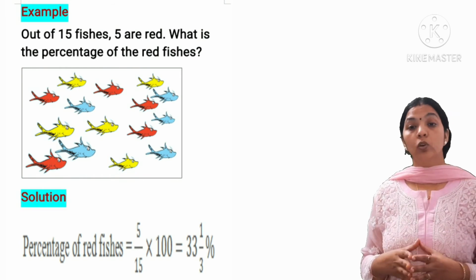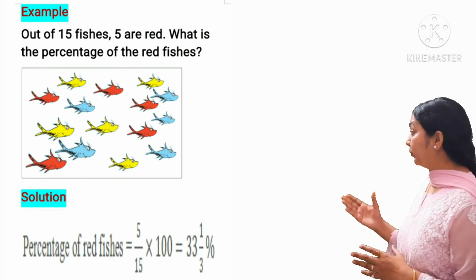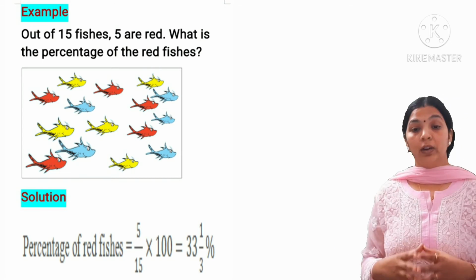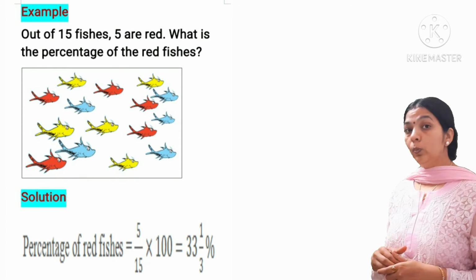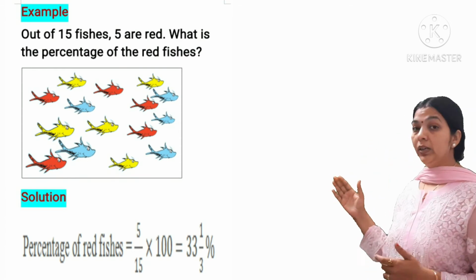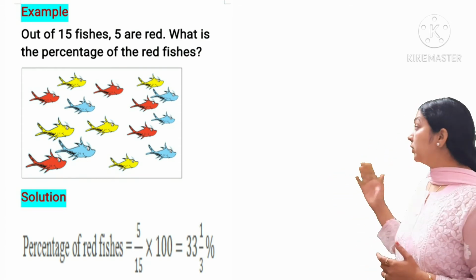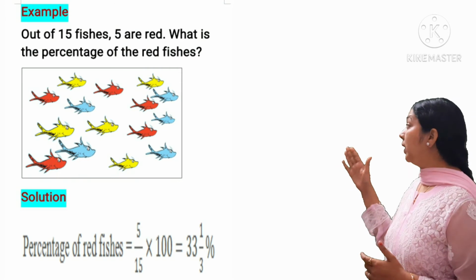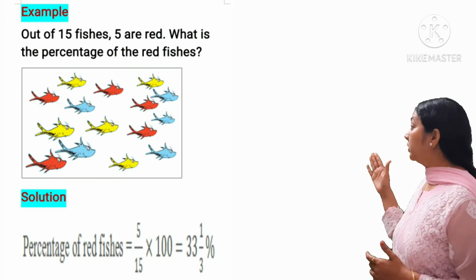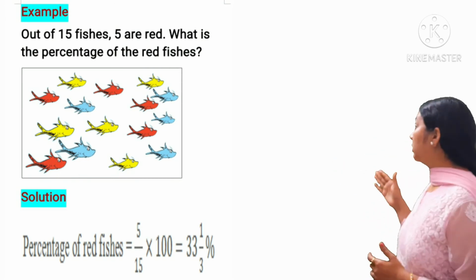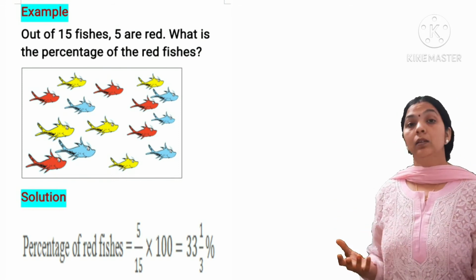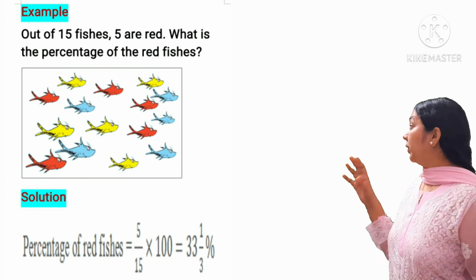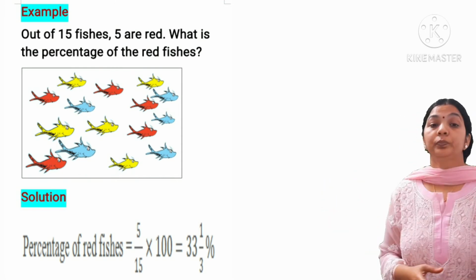What is the percentage of red fishes? In this question, we have to calculate the percentage of red fishes. So, how many fishes are red? 5. Out of how many? 15. So, 5 upon 15 is the fraction. To convert it into a percentage, we will multiply this by 100. So, it would result in 33 and 1 upon 3%. This is how we convert a fraction into a percentage.